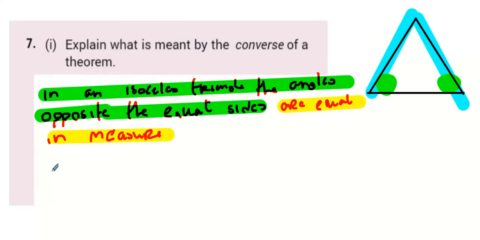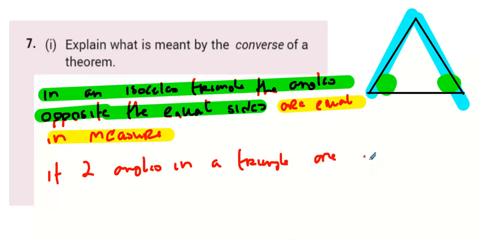So the converse would be, if, sorry. So we specify it's an isosceles triangle, don't we? So if two angles in a triangle are equal, what does that mean about that triangle?